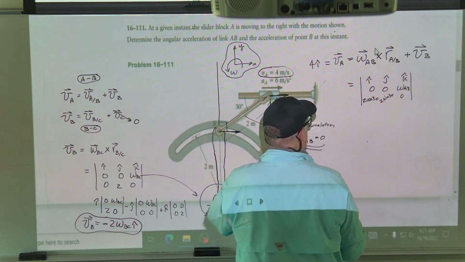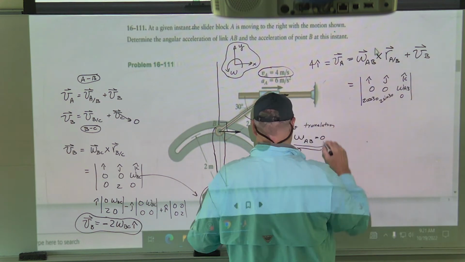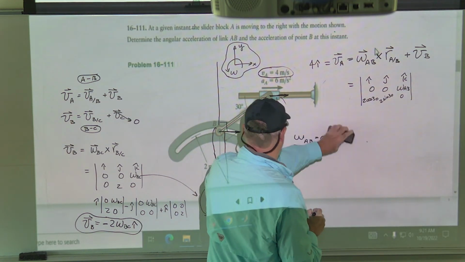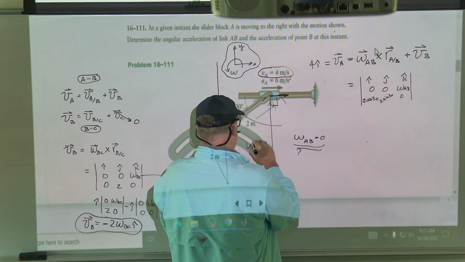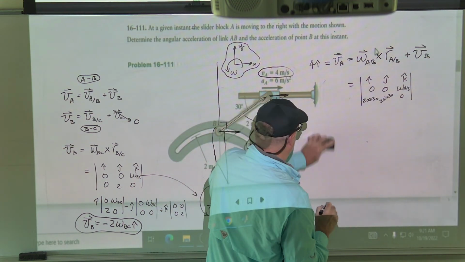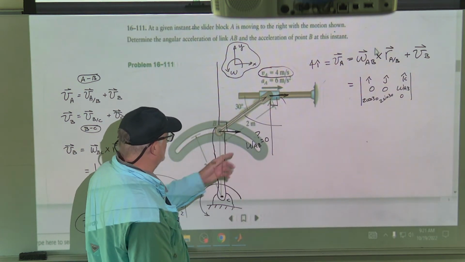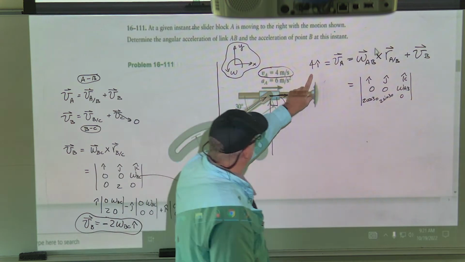Now, let me do one more step here. I'll say omega AB equals 0, and I'll put a question mark. We'll answer that question in a second. I think we're okay with that.